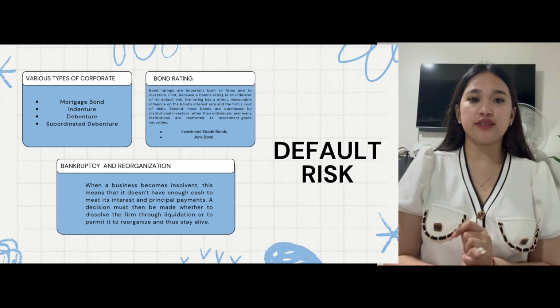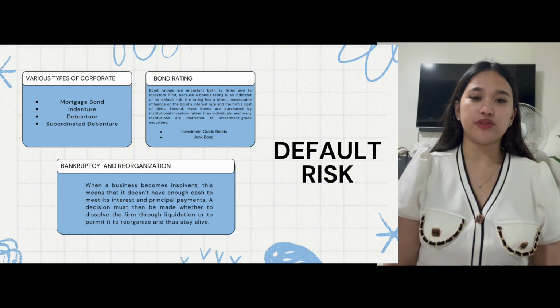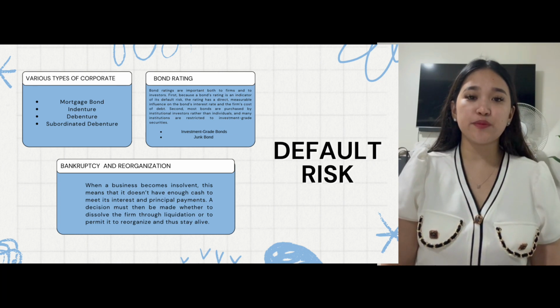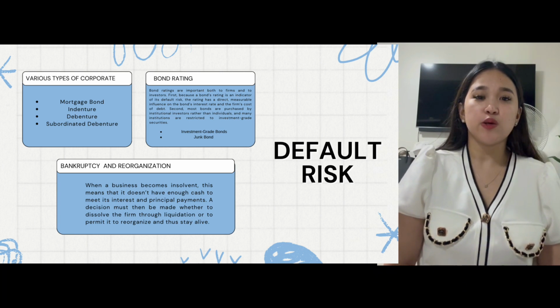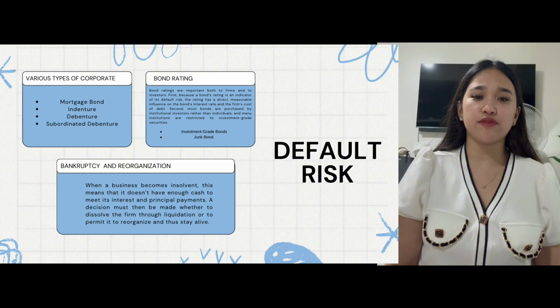Since the early 1900s, bonds have been assigned quality ratings that reflect their probability of going into default. The three major rating agencies are Moody's Investors Service, Standard and Poor's Corporation or S&P, and Fitch Investors Service. Bond ratings are important both to firms and to investors.